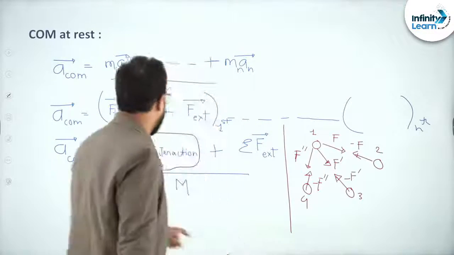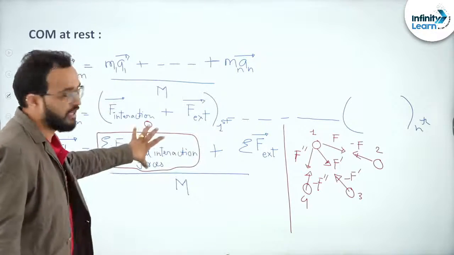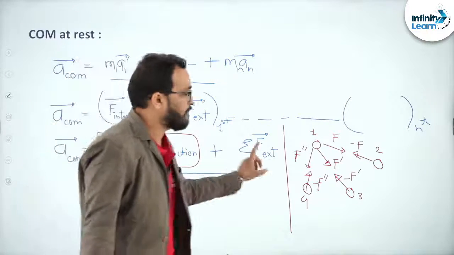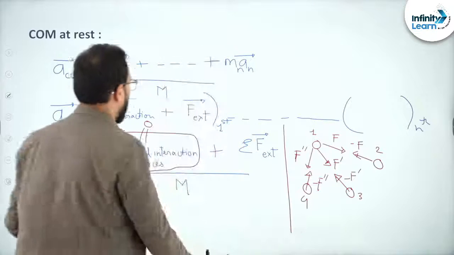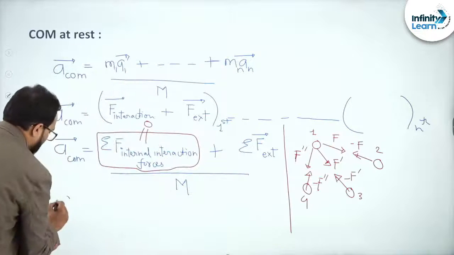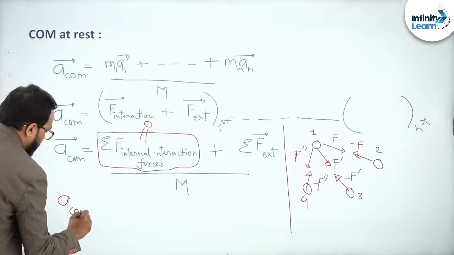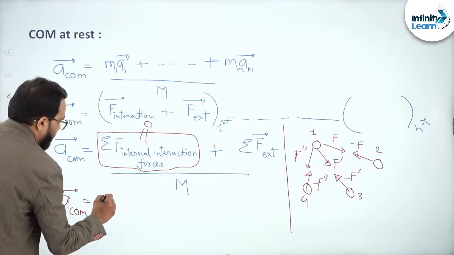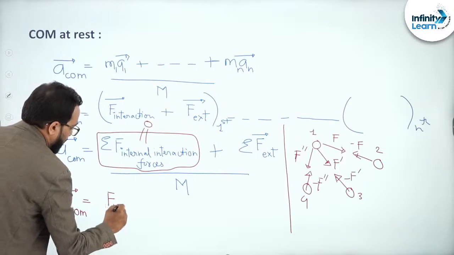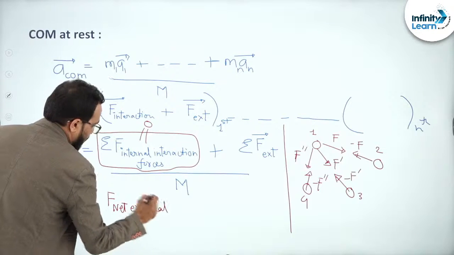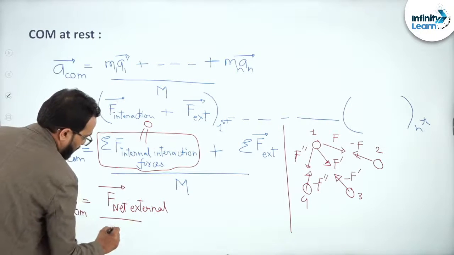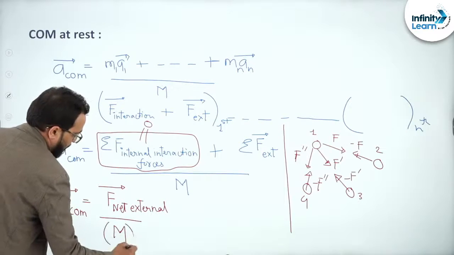So when I talk about acceleration of center of mass, this term is going to be 0, and what we will be left with is only the summation of external forces, which is the net external force. So I will say acceleration of center of mass will become net external force upon total mass.